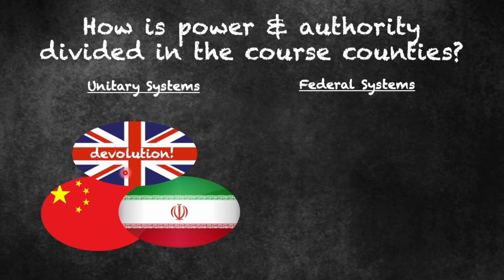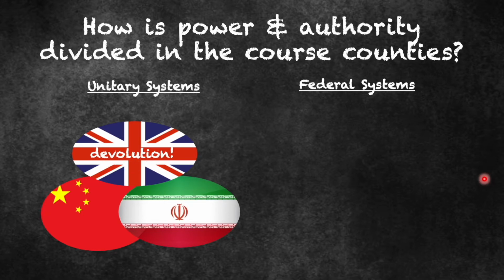Now, as I said, the UK is becoming more of an exception. Since 1997, they have been devolving power more to the nations within the UK. So while there is the British Parliament in London that reigns supreme over the entire United Kingdom, Wales, Scotland, and Northern Ireland each have their own parliament and have been increasingly allowed to create and implement their own devolved policies.